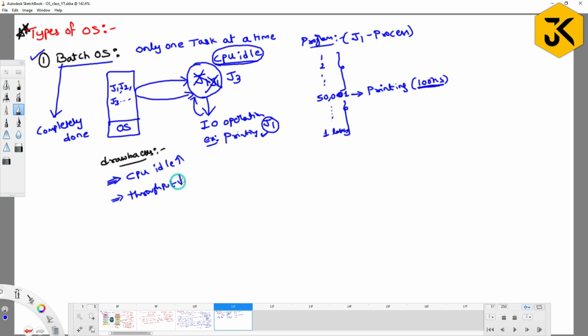Generally throughput means the number of jobs completed per unit of time. For example, if I completed 10 jobs per second, the throughput is 10. Like that we can calculate.